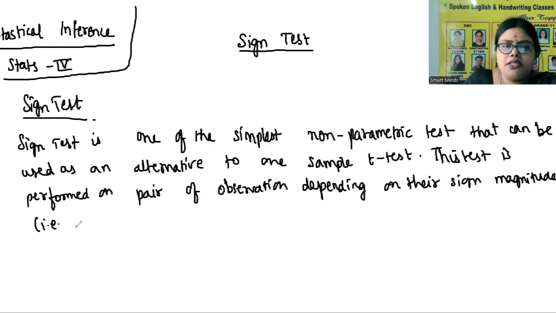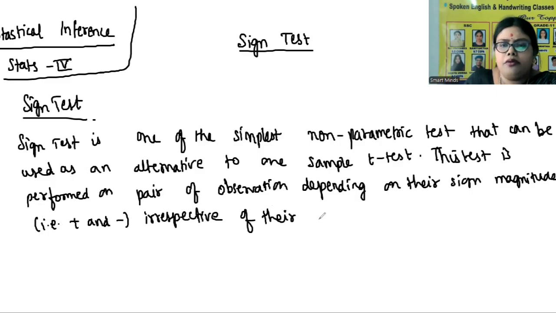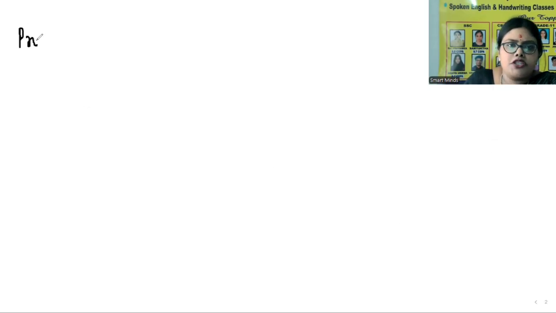Sign magnitude means plus and minus, irrespective of their numeric magnitude. So let us see what is the procedure of this sign test. So let us get started with the procedure.